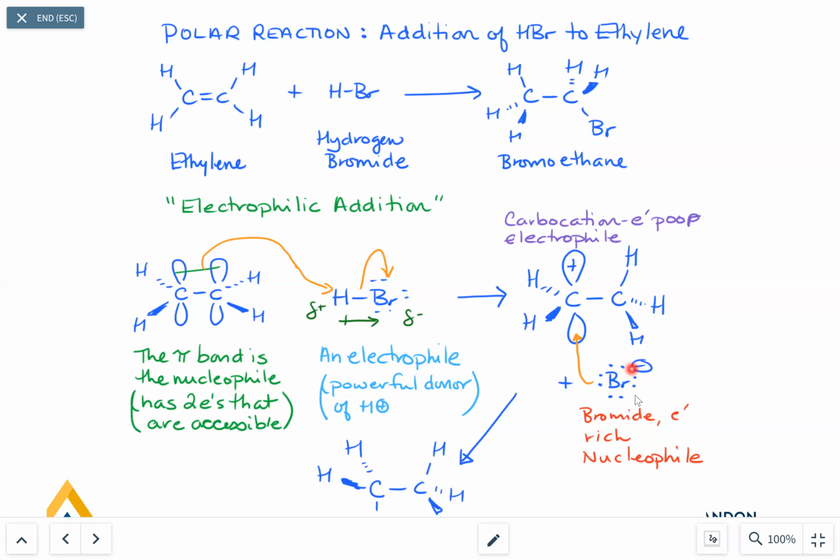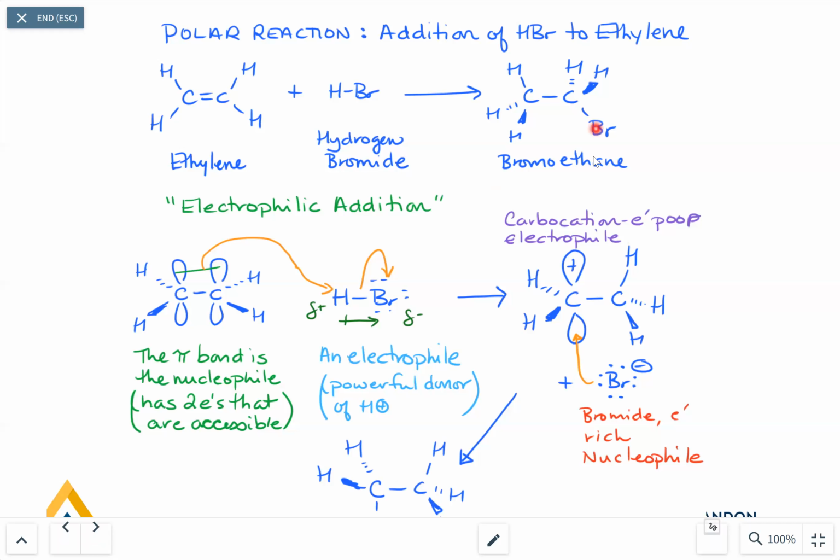And the bromide itself is the nucleophile now because it's electron rich and it's got a negative charge. And then again, negative goes to positive. So the tail end here starts at the electrons and it's going to attack this empty orbital on carbon, and that's going to give us our final product, which is bromoethane.